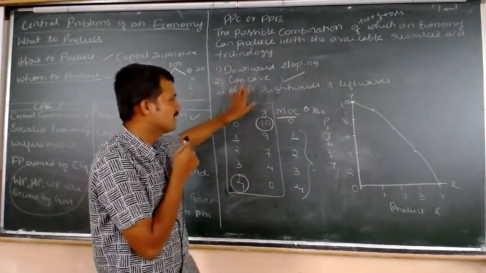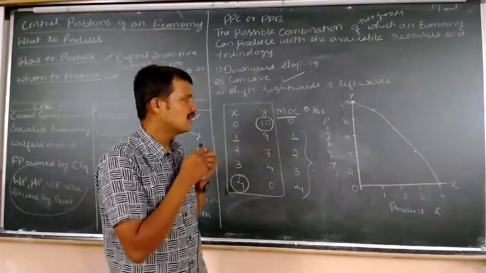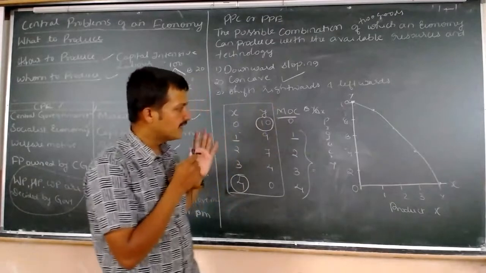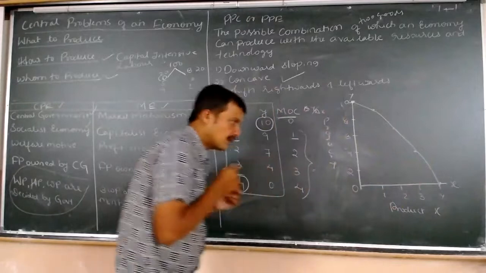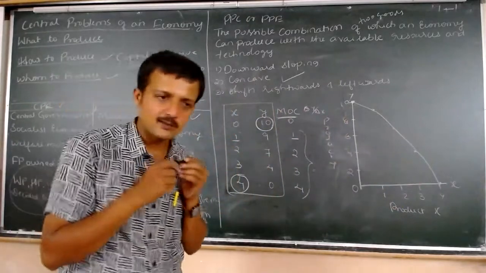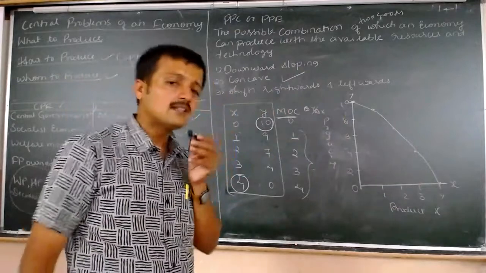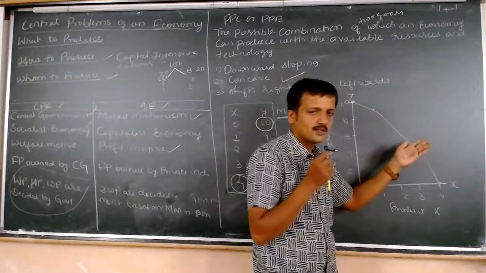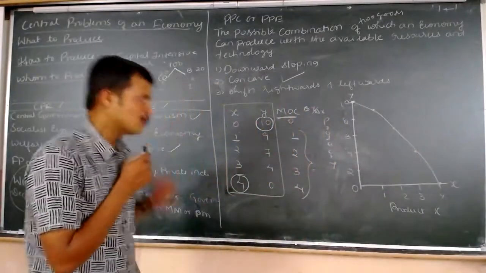It can shift rightwards and leftwards. Those situations we can discuss some other day, but there is a possibility that it can shift to the right or to the left when there is a change in technology or degradation of technology. At that time there is a possibility that it can move towards the right. Right is always called a positive shift and left is always called a negative shift.